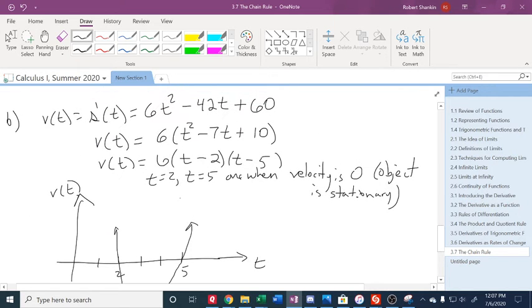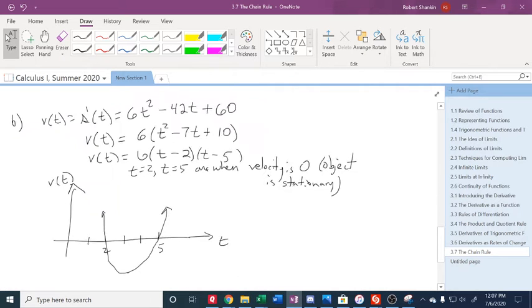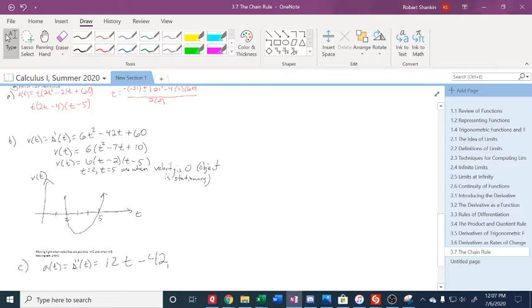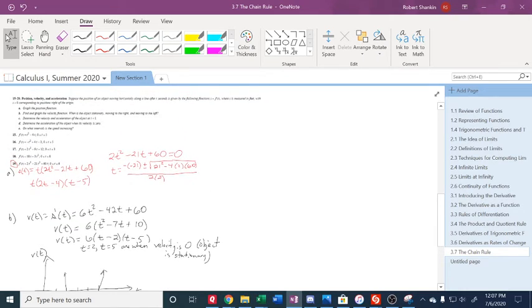And so we take our answer for the first derivative, this one, and we take its derivative, and we get 12t minus 42, and that's it. And then we find a of 1 and v of 1 and so on.